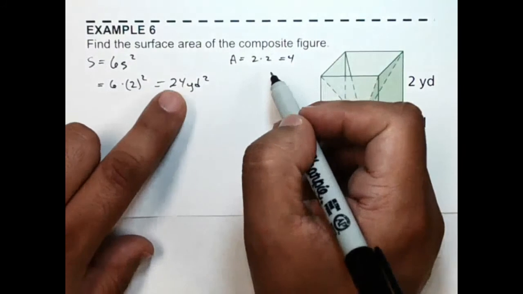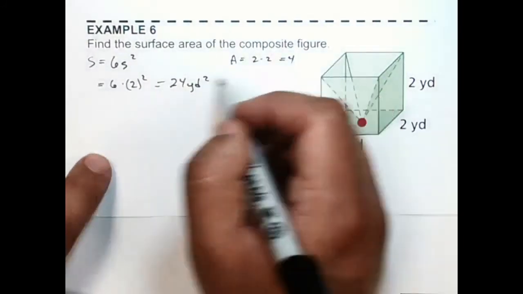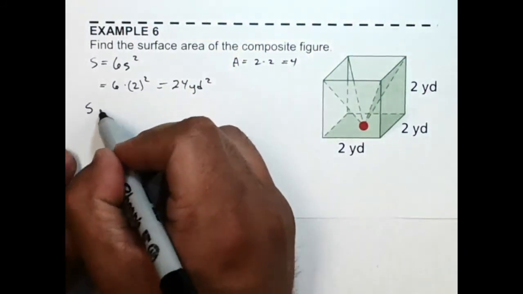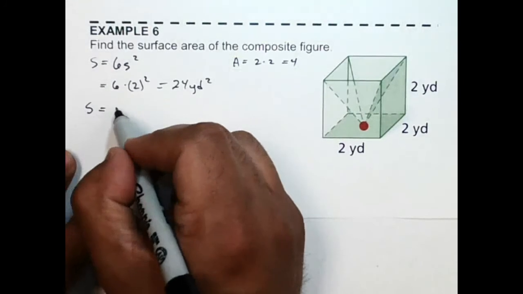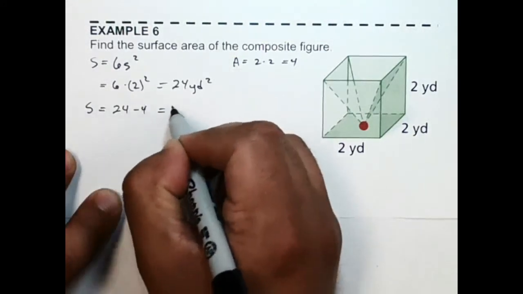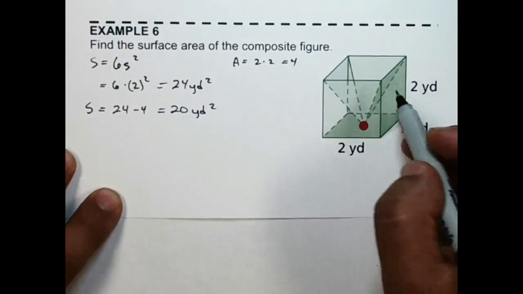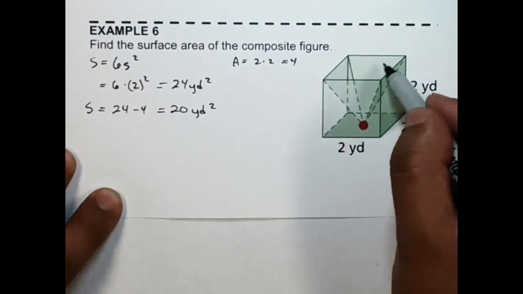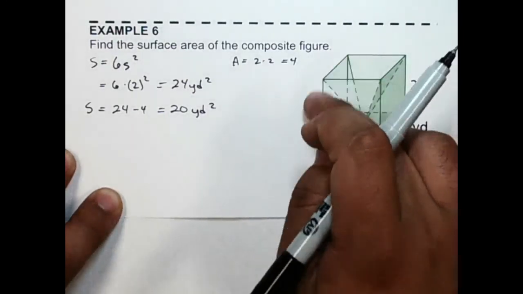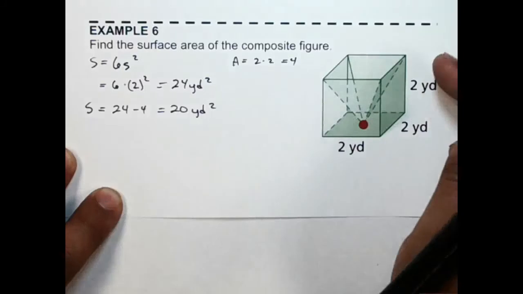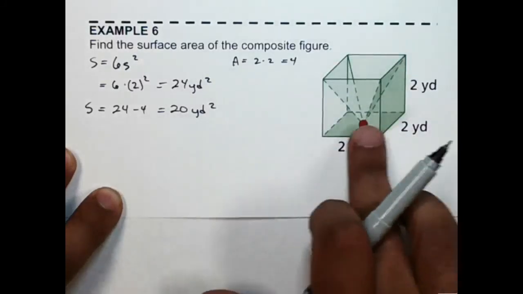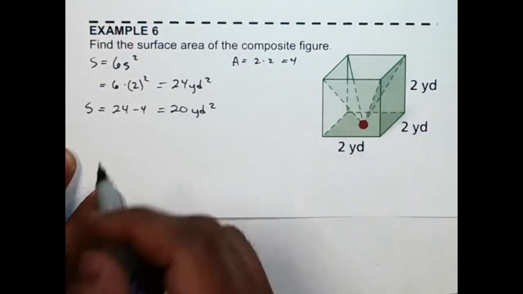So I need to take that out of the surface area of the cube. That's 24 minus 4, which is 20 yards squared. That gives me all of these 5 sides: the one on the left, this front one, the right one, the one in the back, and then this bottom base right here.